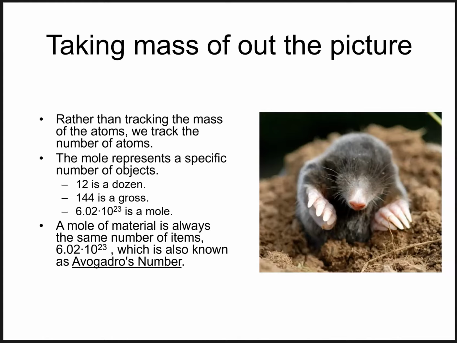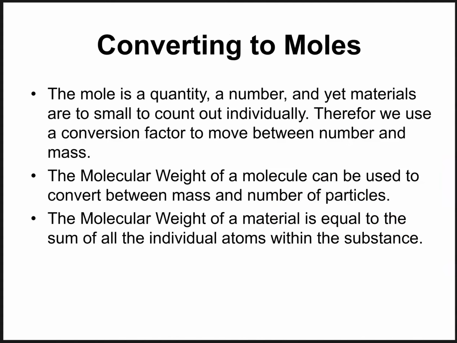So when we want to work in chemistry lab, we actually want to be able to count the number of atoms we have in our materials. We want to get rid of this mass component and actually make sure we're tracking through each and every atom. And given that Avogadro's number is so large, it could be a little daunting to talk about exactly how many atoms we have.